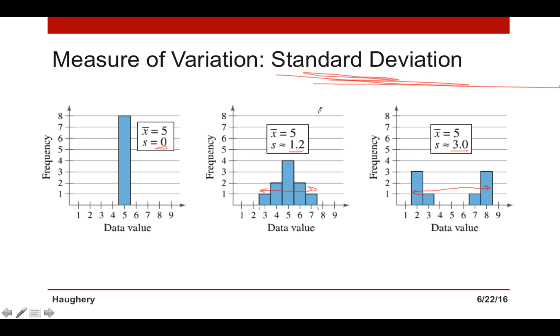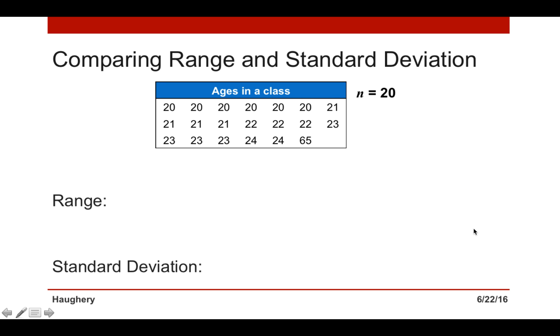If there's nothing to compare it to, it doesn't really mean a lot. But once we start comparing our statistics, then we can start interpreting some meaning and drawing some conclusions. Of course, from this graphic, the data set on the left here is the most tightly grouped, versus the data set on the right, which is the most spread apart.